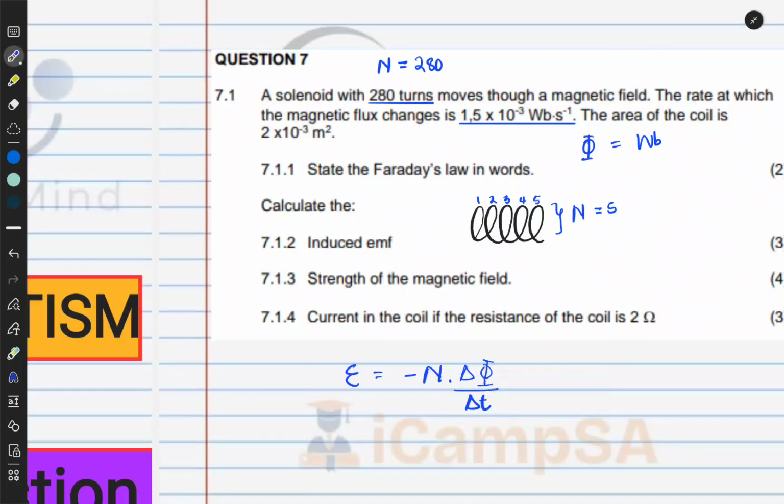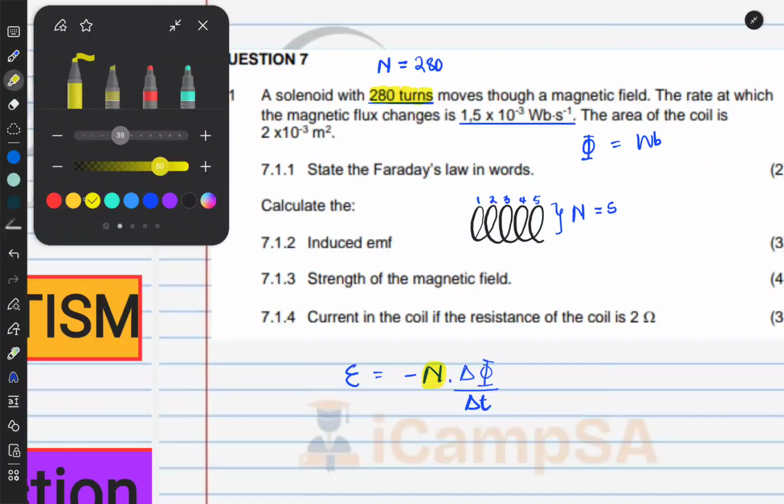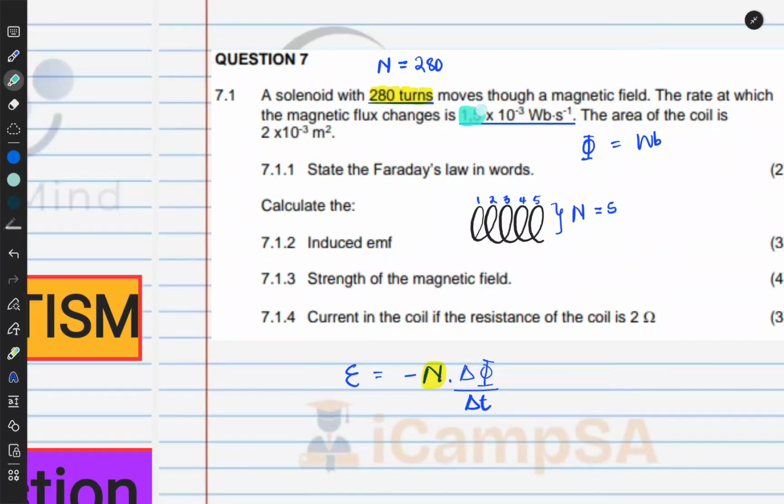So we have this being that N. However, what we've been given now is this, Webers per second, which is equal to this whole thing. Okay, it's equal to that.